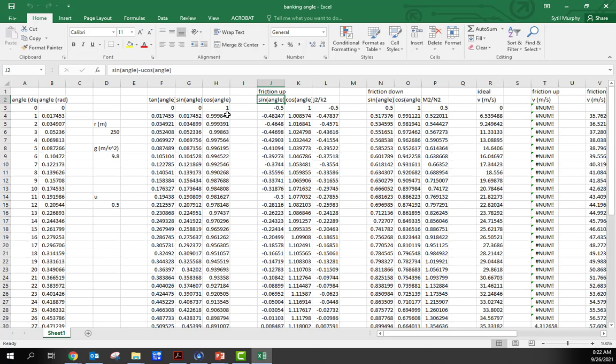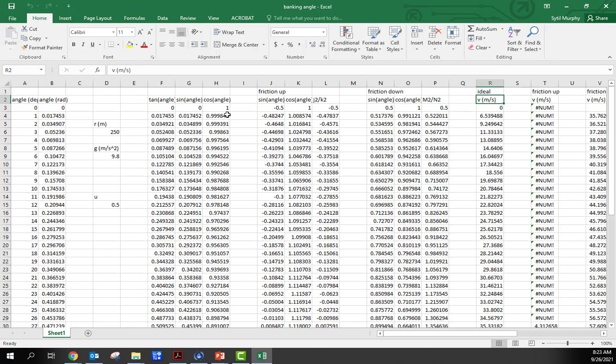I also find those pieces that go into calculating the friction up, friction down. So here's sine angle minus mu cosine angle, and cosine angle plus mu sine angle. All of these are related with friction going up. Same thing for friction going down. I also take the ratio of those two, and then I calculate the velocity.